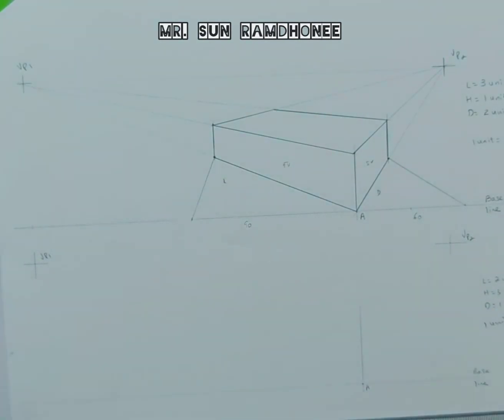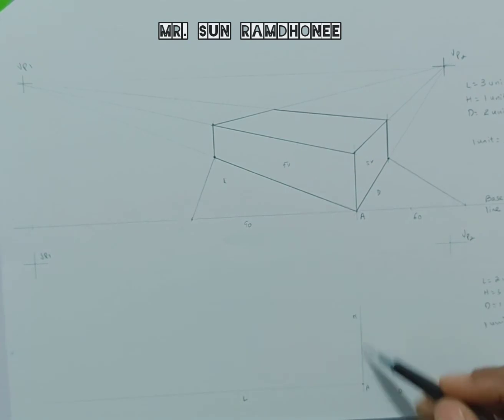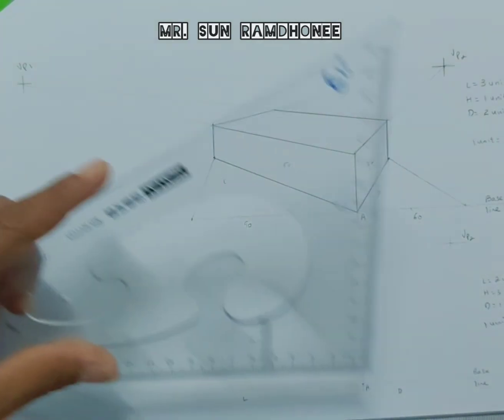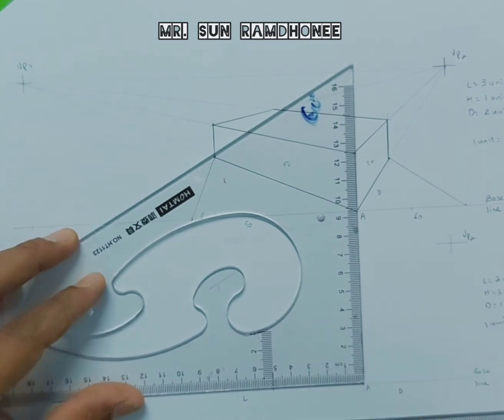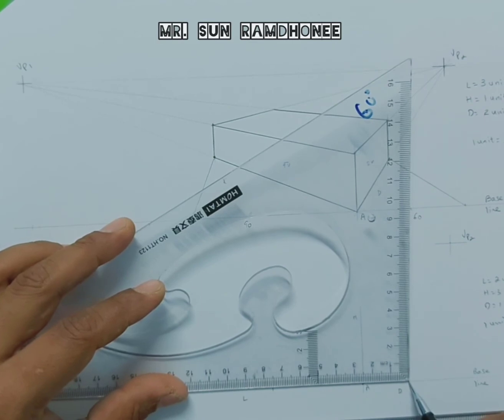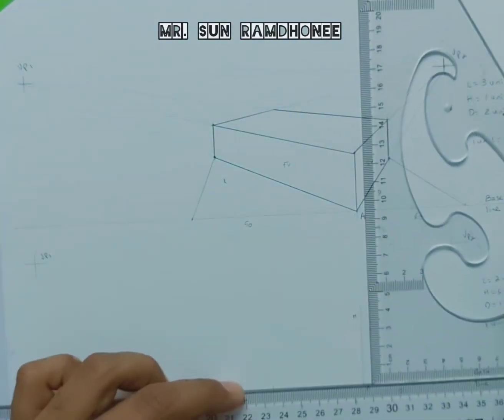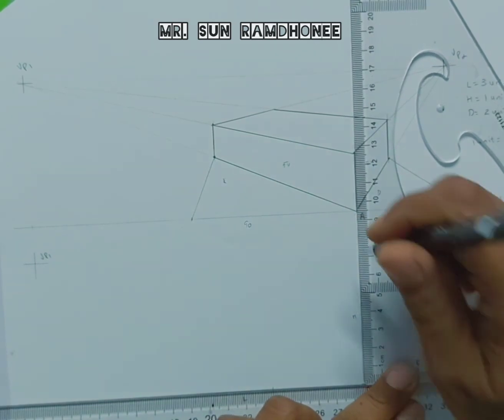Again, the length will be here, the depth will be here, and the height will be this vertical line. We are going to measure 50 from here. We are going to measure 25 millimeters from here, and the height is going to be 75. So we have to extend this line till here.